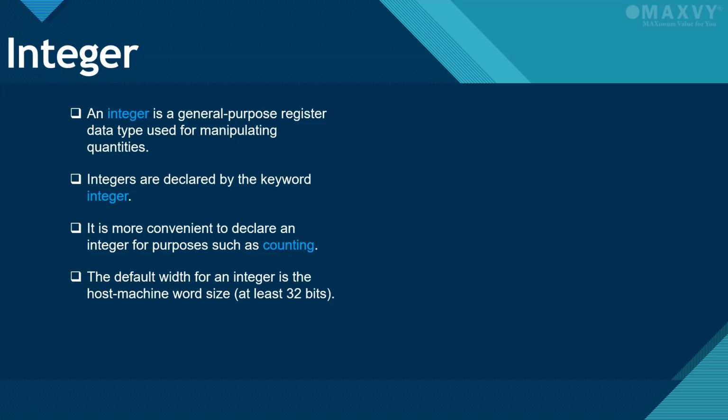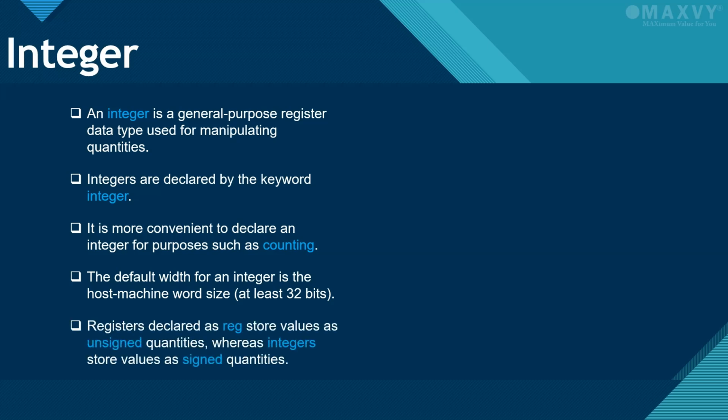This allows integers to handle a wide range of values efficiently. Registers declared as reg store values as unsigned quantities, whereas integers store values as signed quantities. This distinction is crucial for arithmetic operations, especially those involving negative numbers.